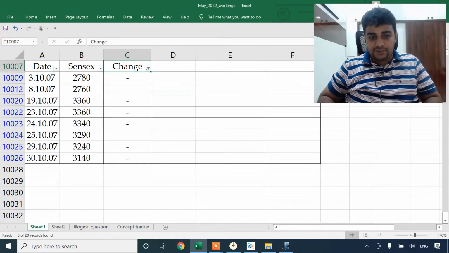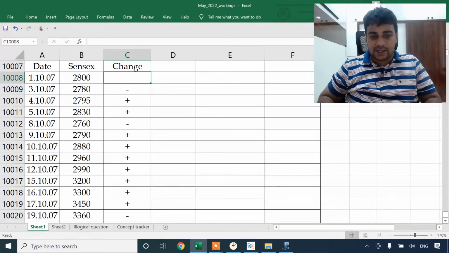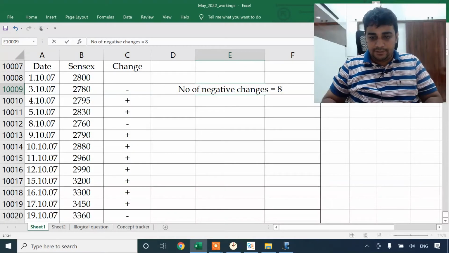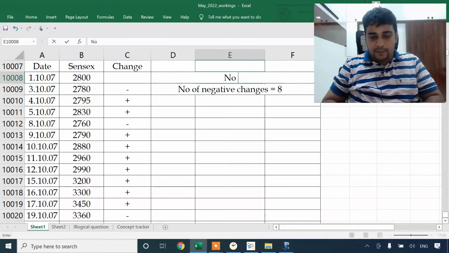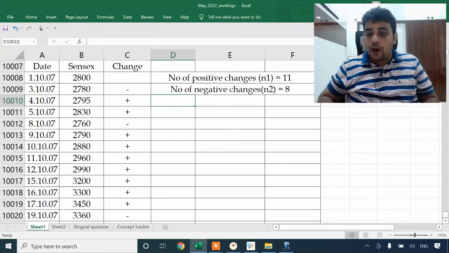Number of negative changes is 8 and number of positive changes, which is technically n1, is equal to 11. n2 equal to 8. And how many runs are there?